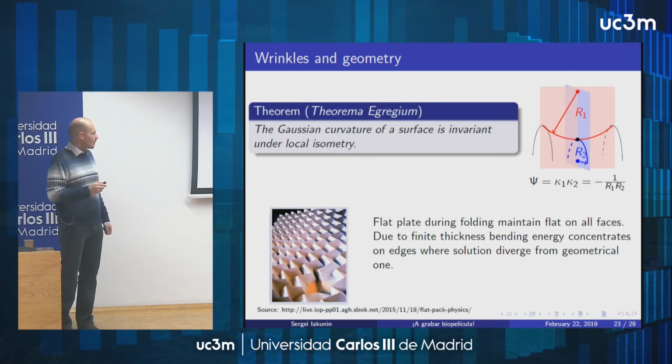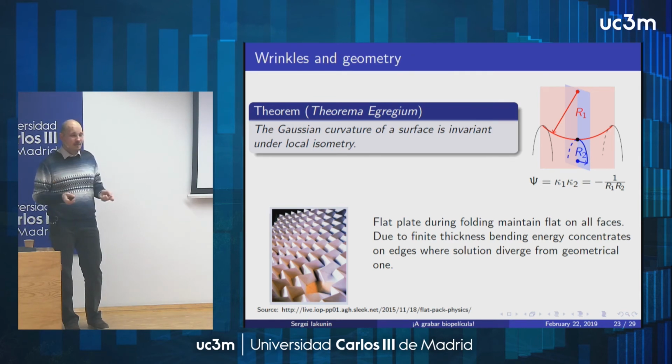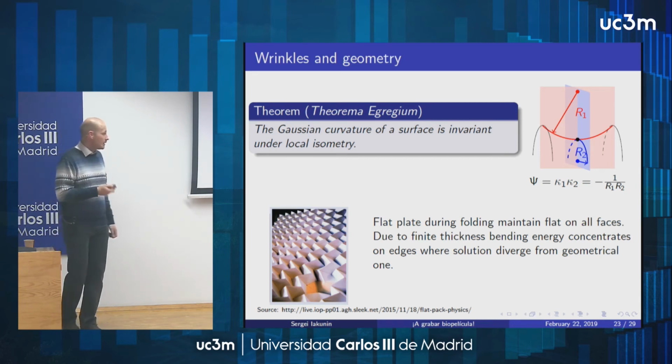This theorem is true for infinitely thin films, but of course all real films have finite thickness, and it means that near these edges we will have very large stresses, which can even cause collapse of the material. For example, if we fold a sheet of paper many times along the same line, finally we can break it easily along this line. It happens because large stresses provoke collapsing of the material.